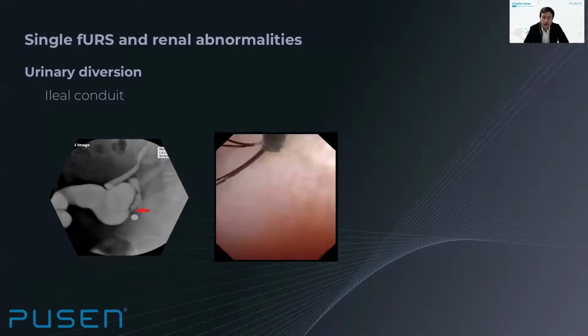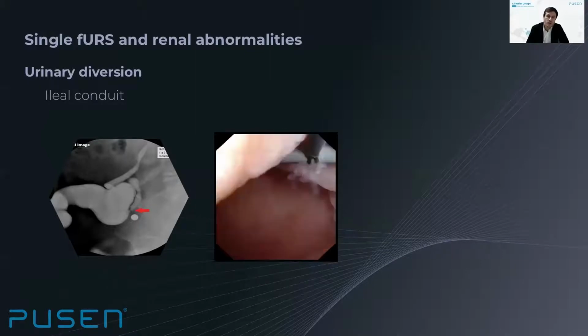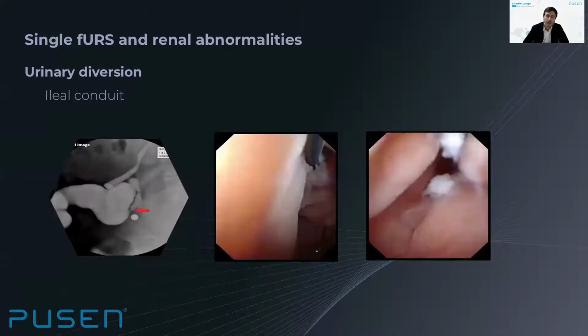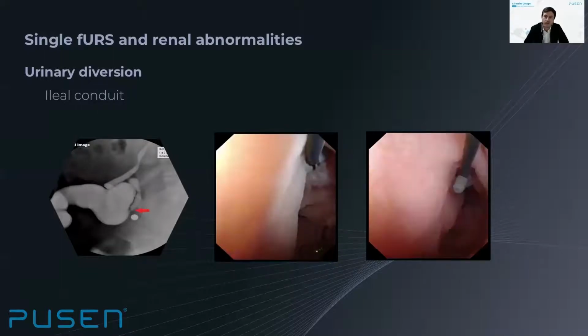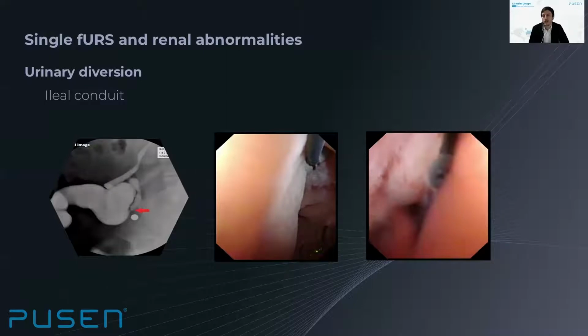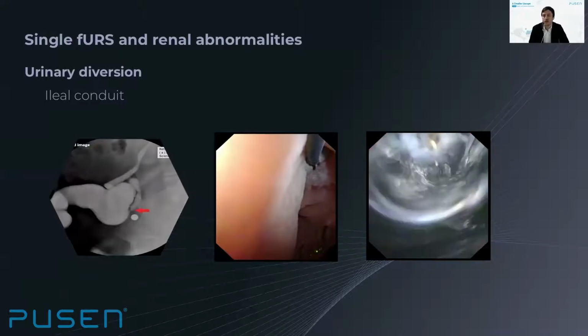This is another maneuver that put the flexible scope at risk again, in order to be able to enter the upper urinary system. That's the removal of the guide wire in order to be used to put the flexible scope in a retrograde direction.